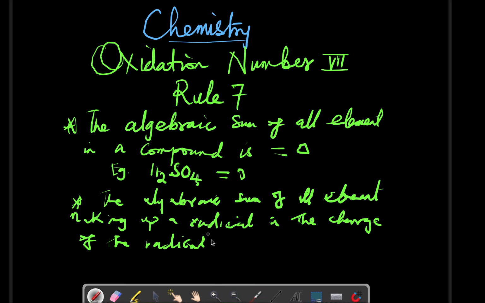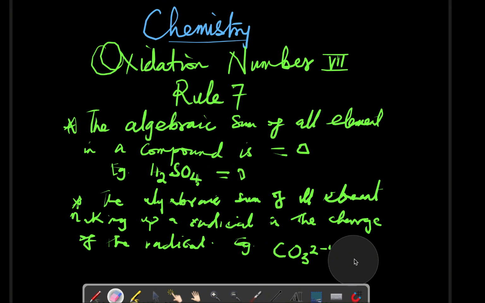What this means is that, for example, if I have something like CO3 with a 2 minus charge, this is the carbonate radical. You can see that the algebraic sum of all elements, I'm having carbon here and oxygen, three of them.